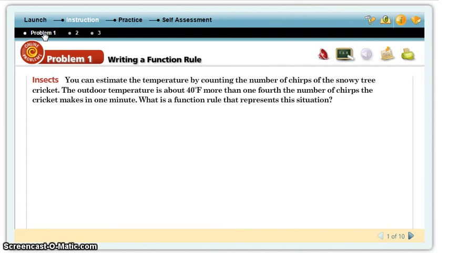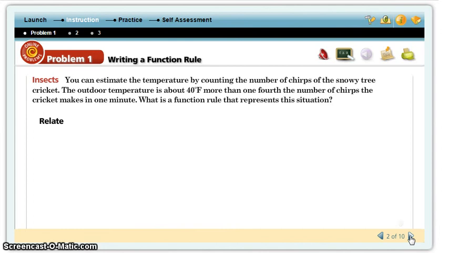In this problem, you will write a function rule. You can estimate the temperature by counting the number of chirps of the snowy tree cricket. The outdoor temperature is about 40 degrees Fahrenheit, more than 1/4 the number of chirps the cricket makes in 1 minute. What is a function rule that represents this situation? First, relate the information given in the problem.